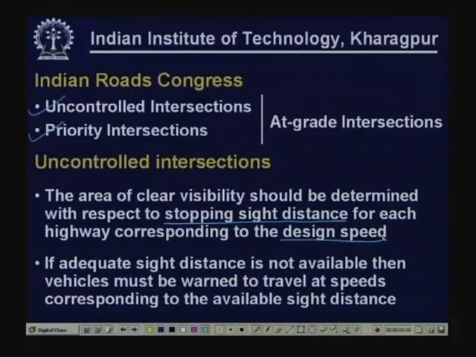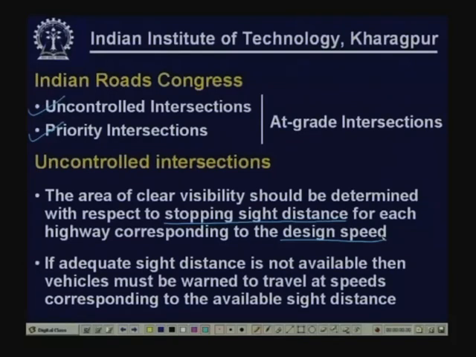So, if there are two roads and the design speeds are different, then one can easily calculate the required stopping sight distance corresponding to the design speed of road 1 and also of road 2, and that will give us the dimensions for the sight triangle. So, straightaway it says that it should be on the basis of stopping sight distance, and the basis used in IRC for stopping sight distance we have already discussed earlier.